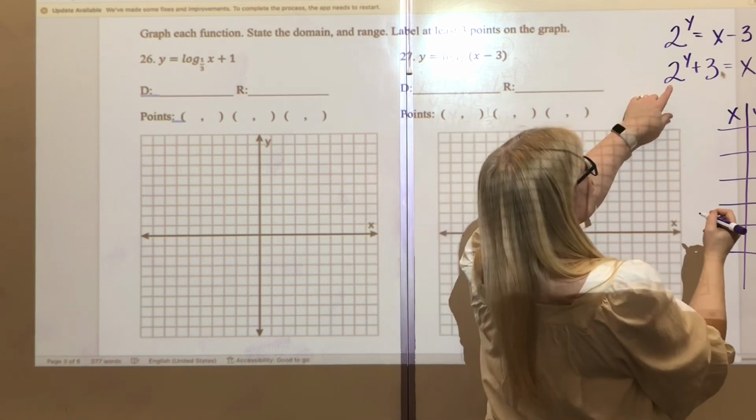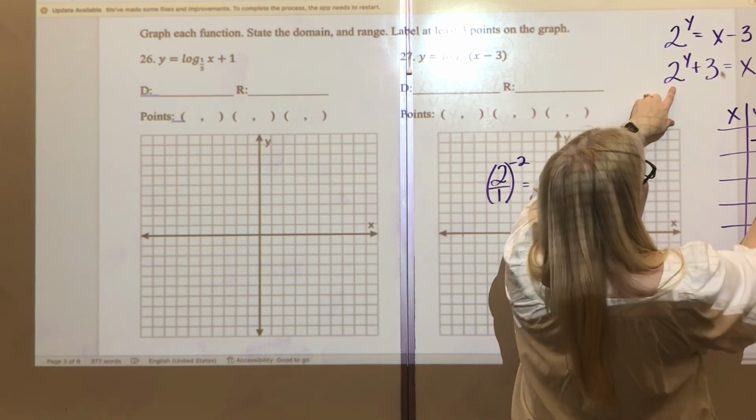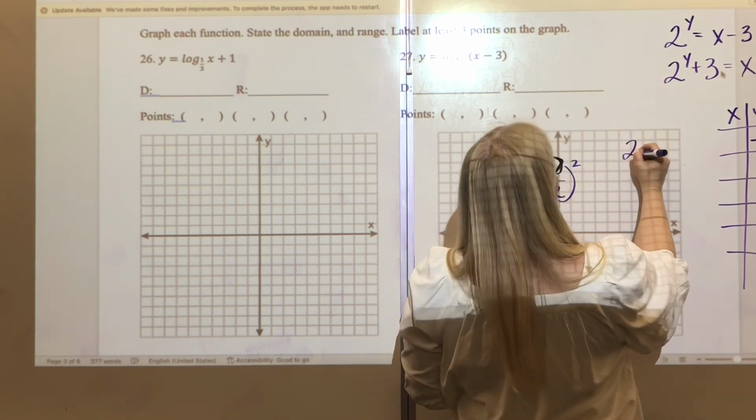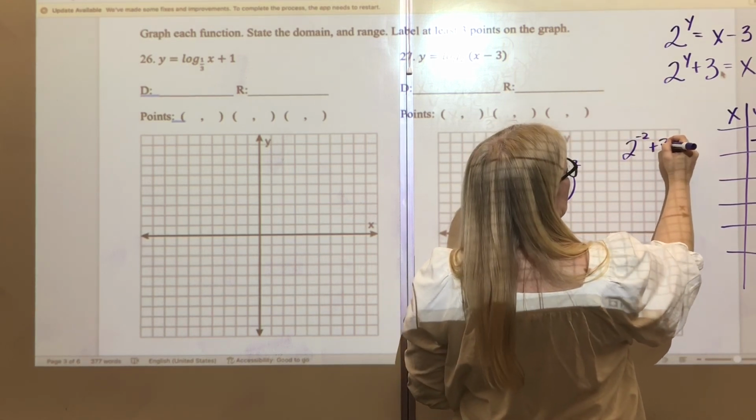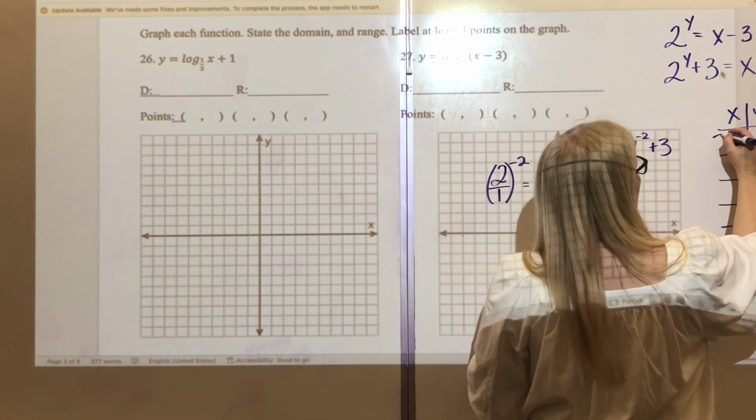So this is 1/4. So at negative 2, I have 2 to the negative 2 plus 3. This is going to be 1/4 plus 3, so 3 1/4.